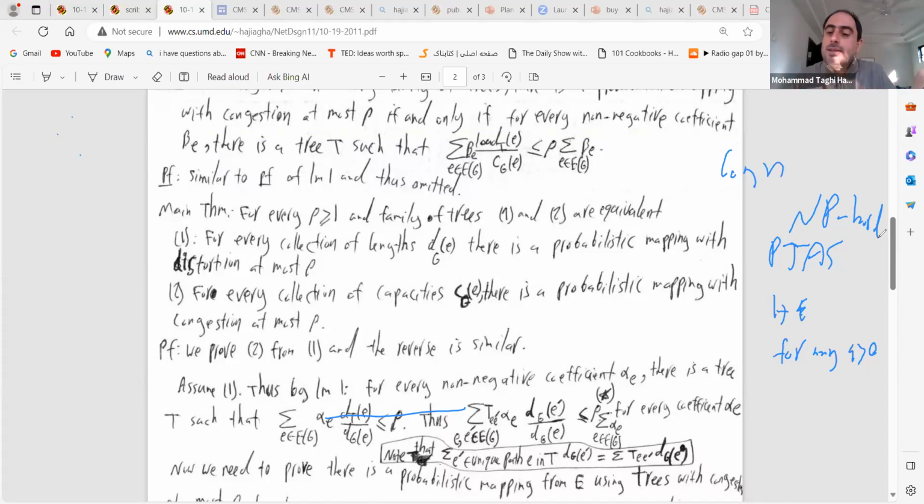We cannot do anything better than log n. However, for these special graphs, we show that you can get a PTAS, 1 plus epsilon, which is the best that we can hope for. And that is interesting and important. Why? Because this says that if this is a general graph and you don't have any idea about it, then maybe this is the best that you can do.